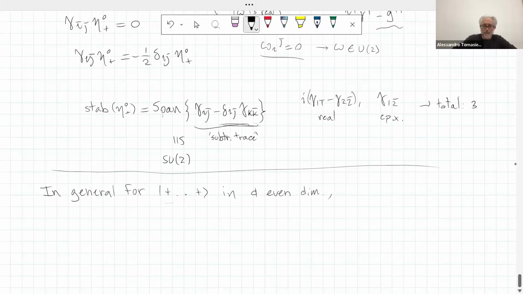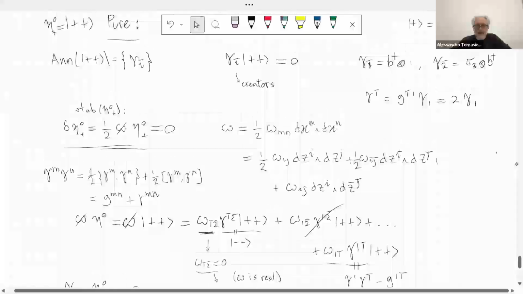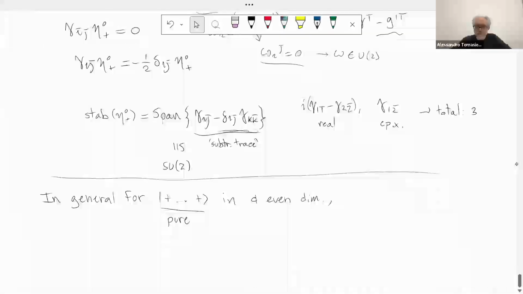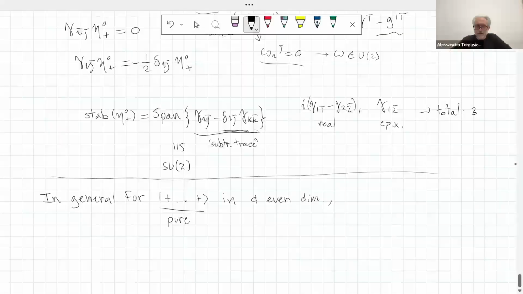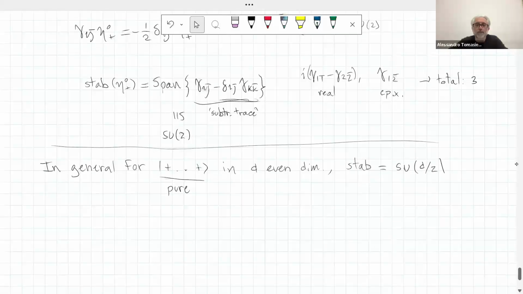You consider a spinor of this type, which will again be pure, in the sense that it will be annihilated by all the gamma I bar. Then again, the stabilizer will be SU d over 2, by generalizing this computation we have just made.